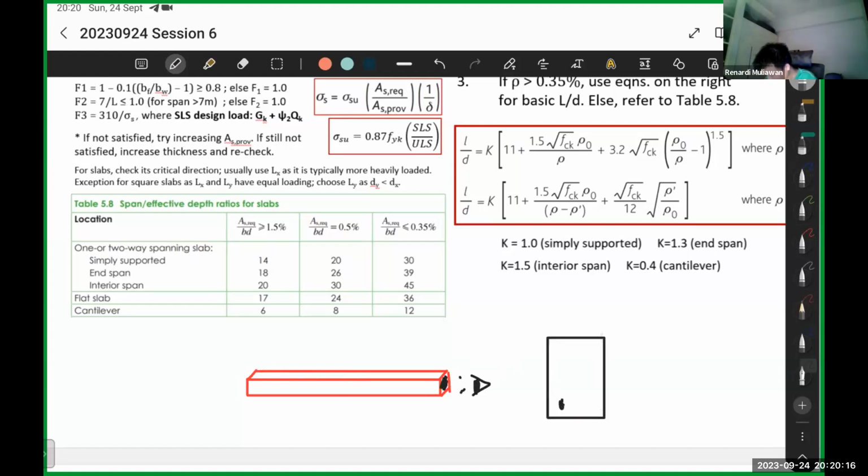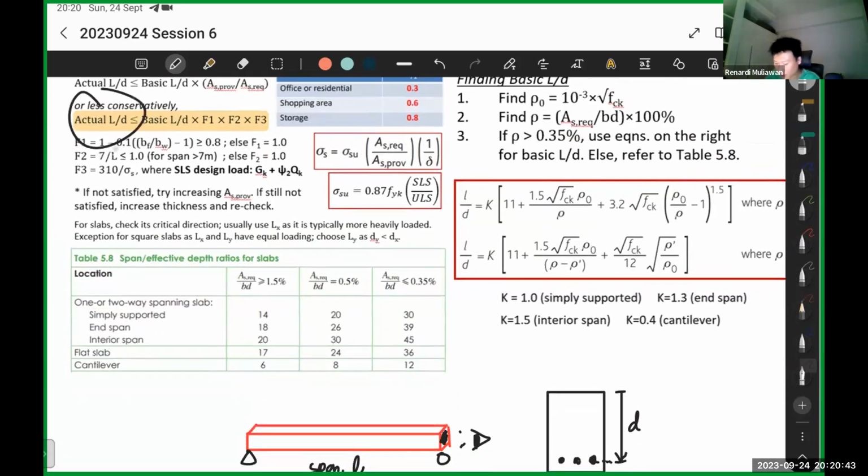Again, to review, there's the effective depth, which is from the top to the center of the tensile reinforcement. This one is d. Then this is the support. Then we have this, which is the span, which we label as L. Then d is just this d, the one that we've been using for the past few weeks.